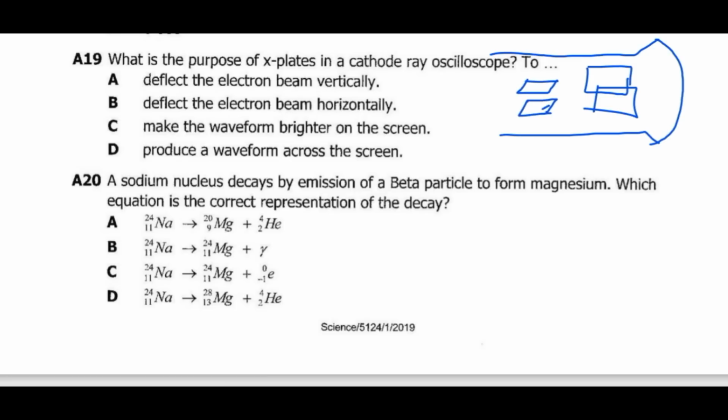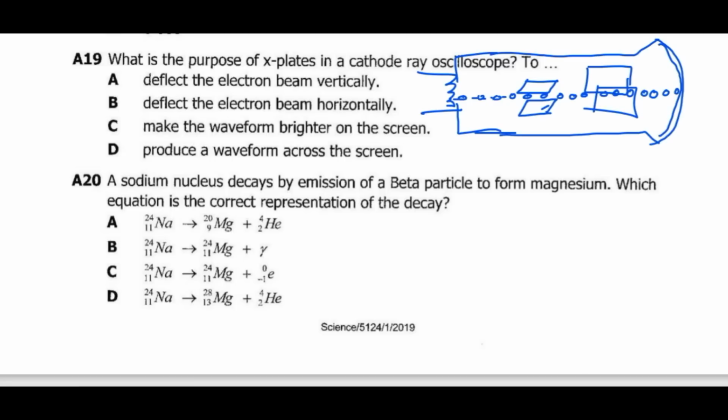There is the cathode, which produces a beam of electrons by thermionic emission. Our focus is we want the beam of electrons to move in a straight line until they collide with the powder on the fluorescent screen here, so that we are able to see the image.